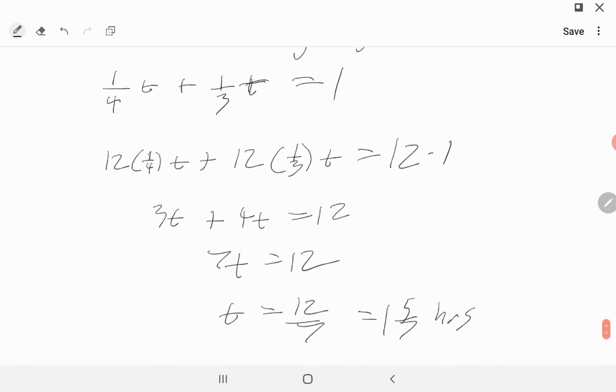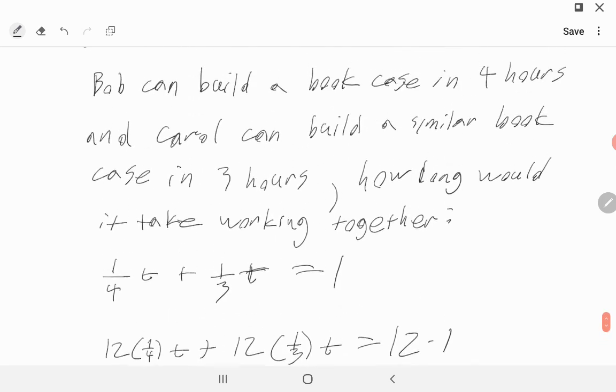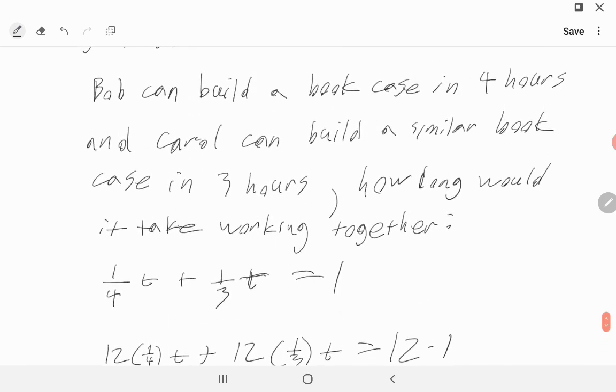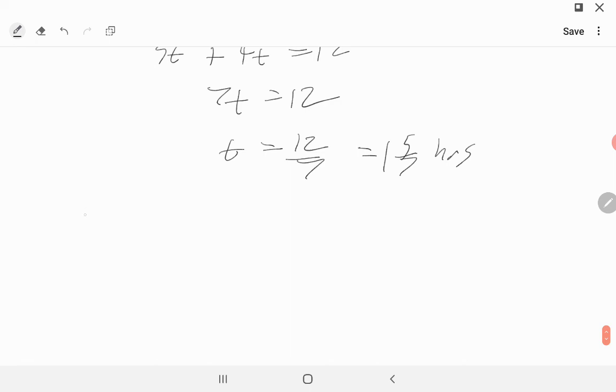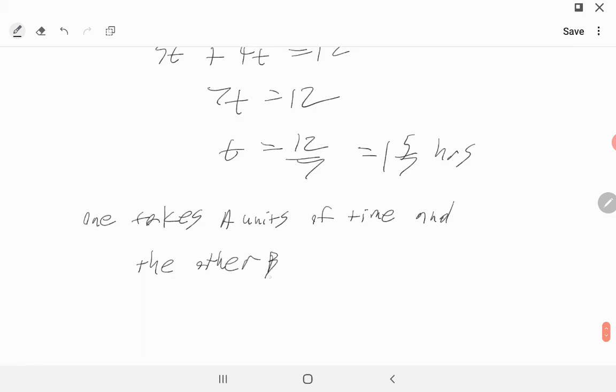We also notice that we can tell that if it takes more than 3 hours, something has gone wrong. It should take less than whichever one takes less time. And so what actually happens if we have one takes A units of time and the other takes B units, we can get a shortcut.